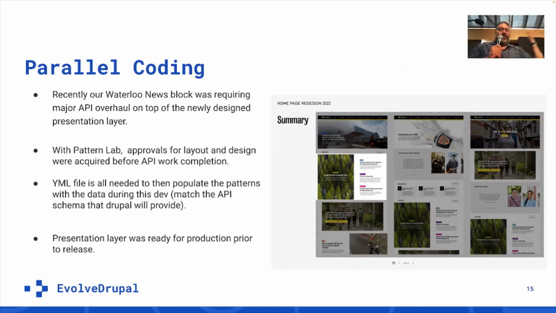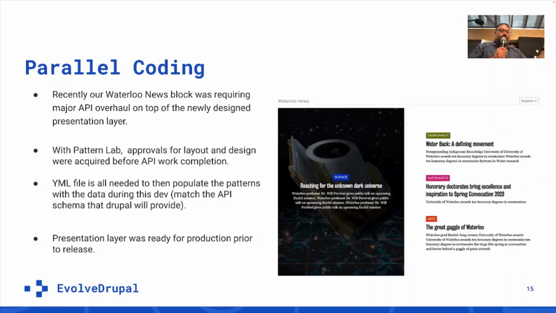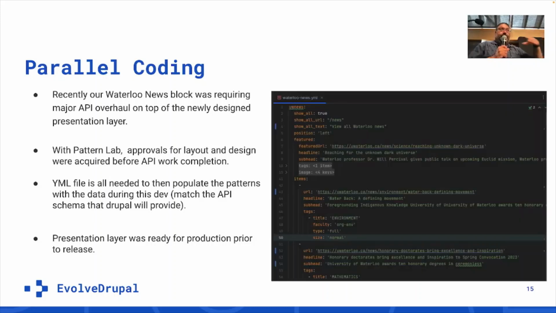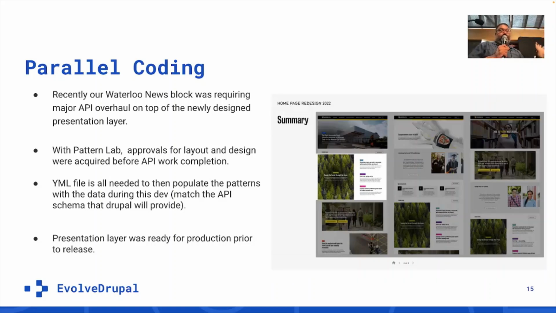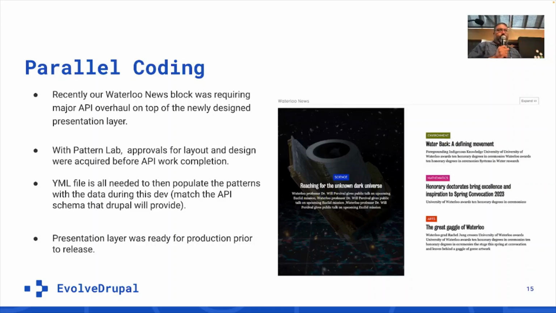And so in one of our most recent projects, we did a Waterloo news block. And this was a big thing. We're doing a whole homepage redesign, but it was a big design part on the front end, but on the back end, our whole API had to be rewritten, and then the whole block had to be written.